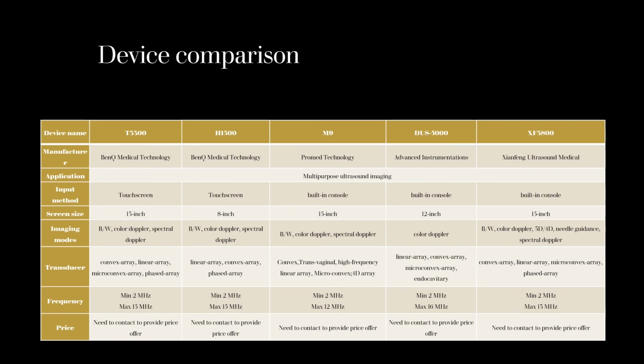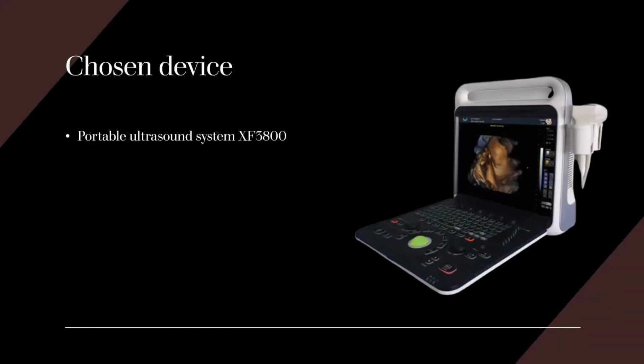From the previous table, we can see that all of the 5 devices achieve our specifications, so we need to compare on the extra features. We choose the MF3800 portable ultrasound system since it has an extra imaging mode compared to the others.